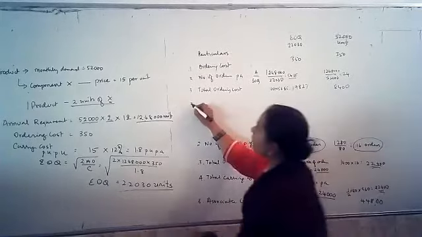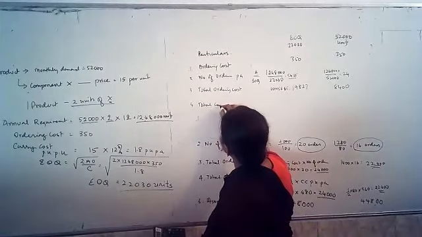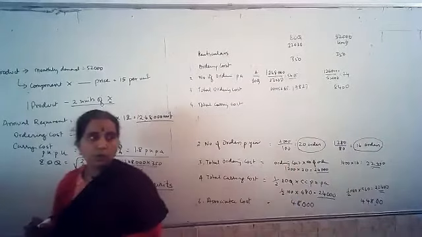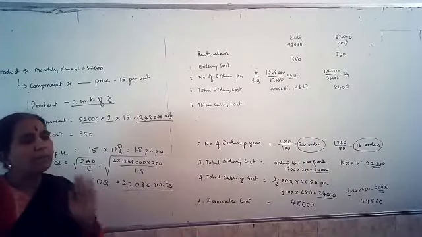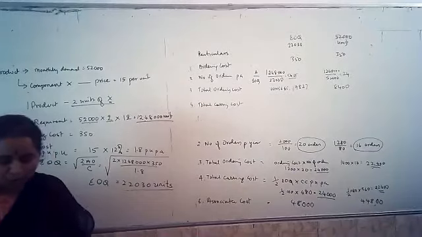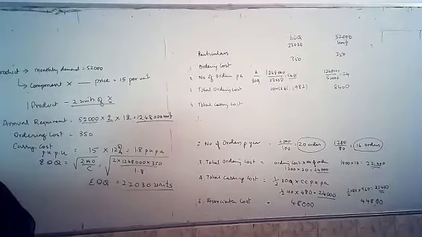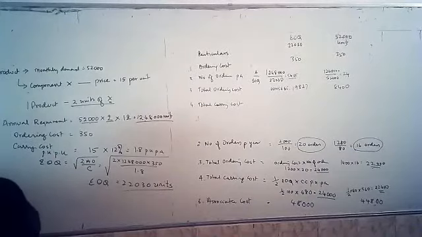Next, the fourth one is total carrying cost. How do you calculate the total carrying cost? Total carrying cost is carrying cost per unit per annum multiplied by half of EOQ. EOQ is 22,030 in this case.